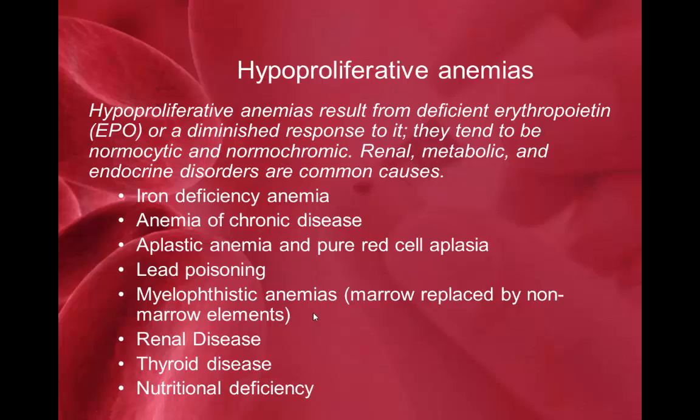If we're going to discuss, for example, aplastic anemia, which is a type of hyperproliferative anemia, remember that aplasia means no production. It's also a normocytic normochromic type of anemia that results from a loss of blood cell precursors, causing hypoplasia of the bone marrow.